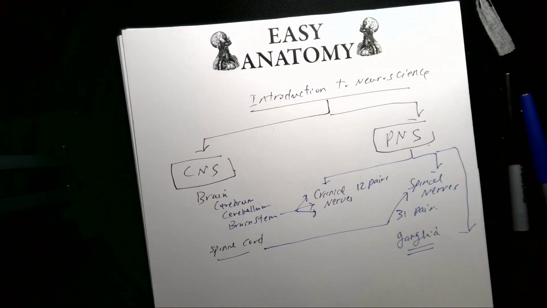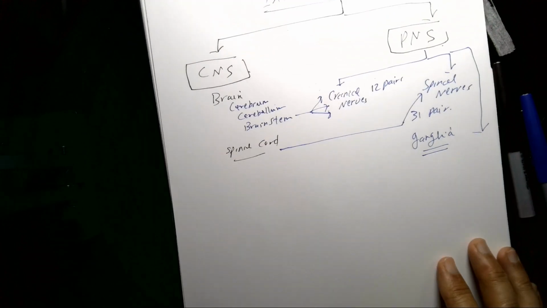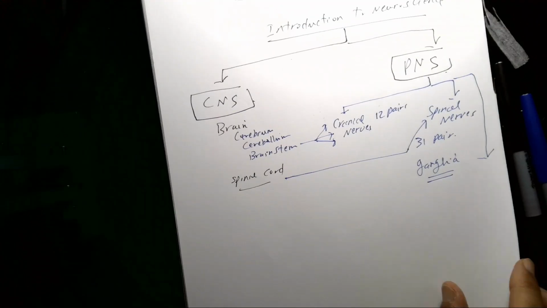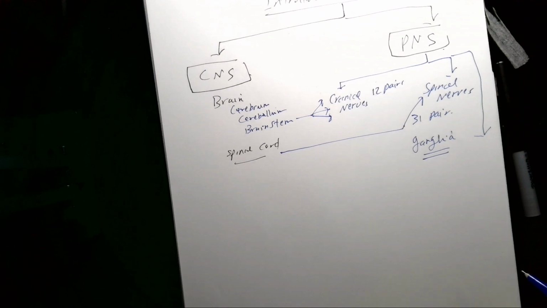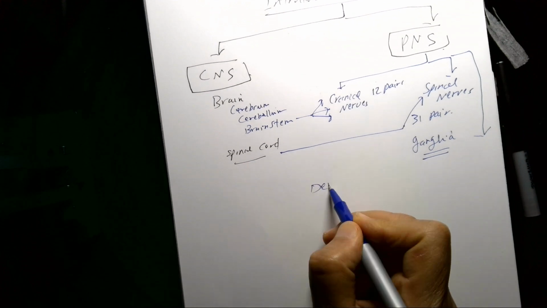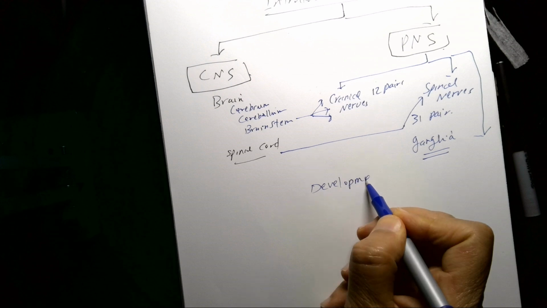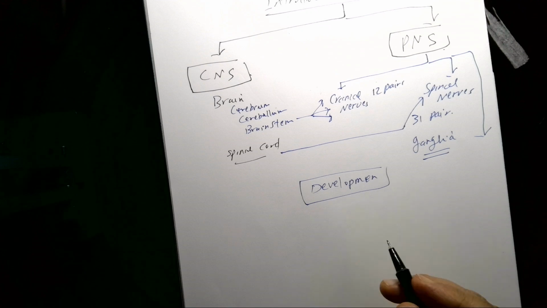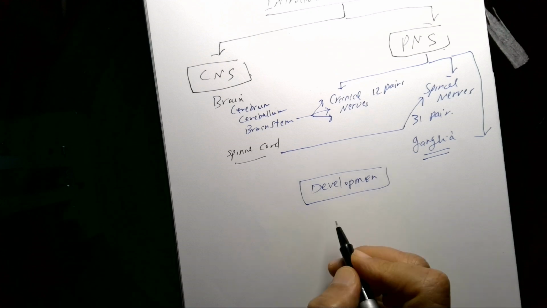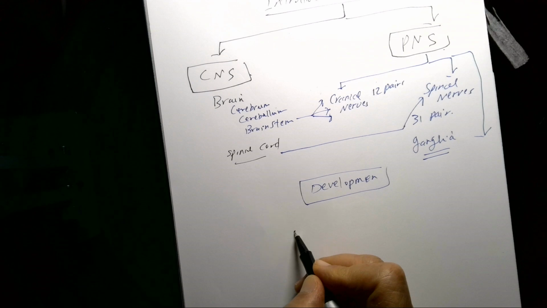How does the nervous system develop? We need to understand the beginning of the formation of the nervous system. The nervous system starts as a local thickening of the ectoderm.